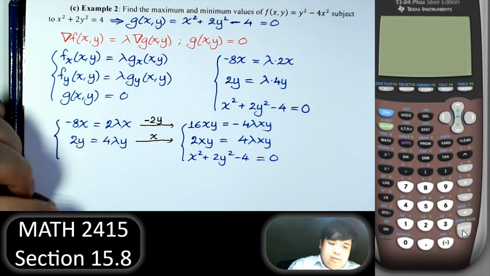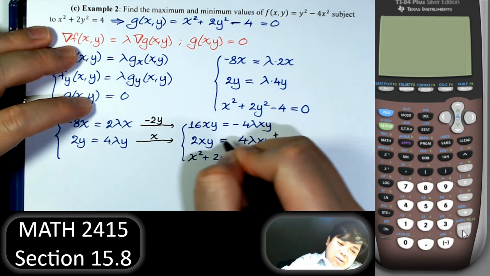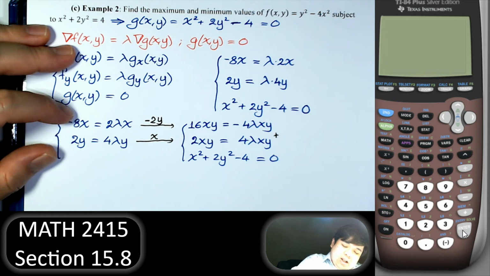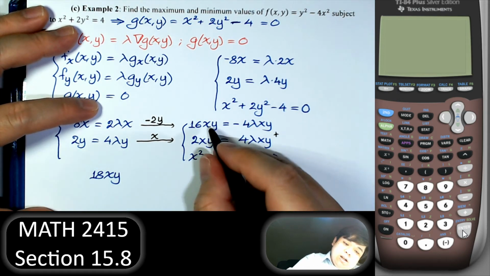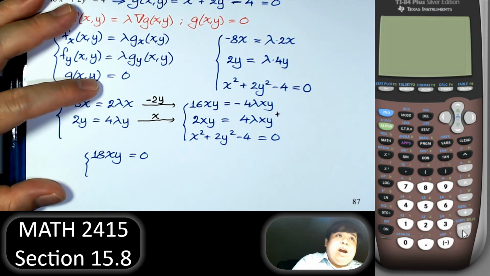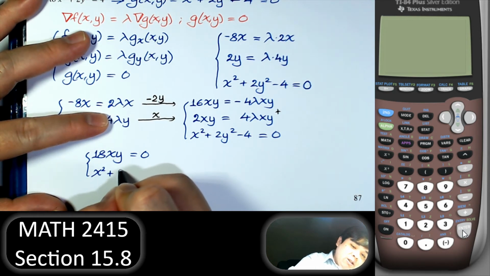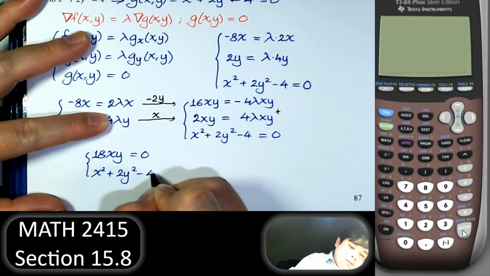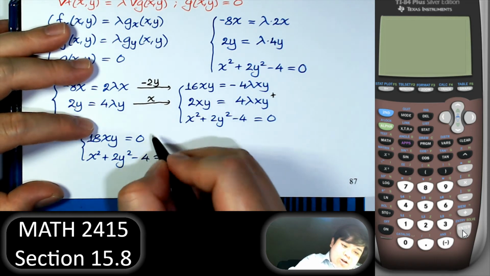So if we add side by side, the left hand side is 18xy, the right hand side is equal to 0. Since we eliminated lambda, we have 2 variables left. We only need 2 equations. And once again, 18xy equal to 0.